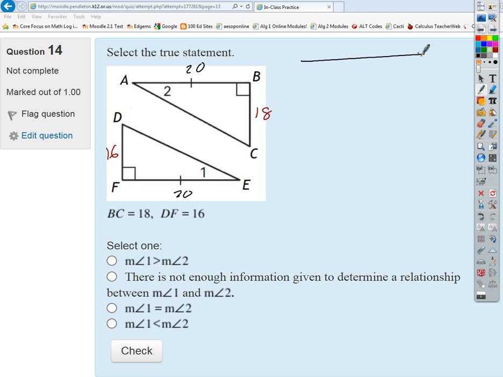So here's AB, it's 20, right? But AC might only be, I don't know, 10. So AC could be really short. Actually, let's make it long. Let's make it 30. So let's make it really long.